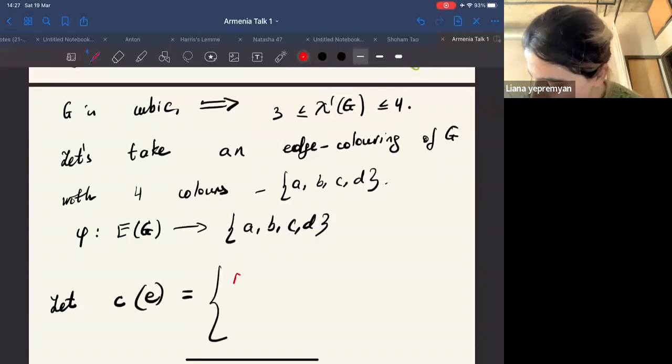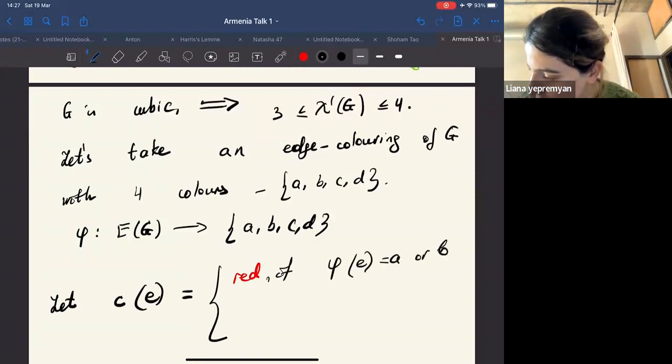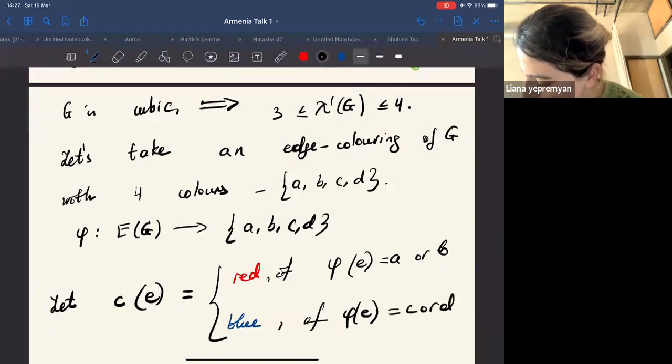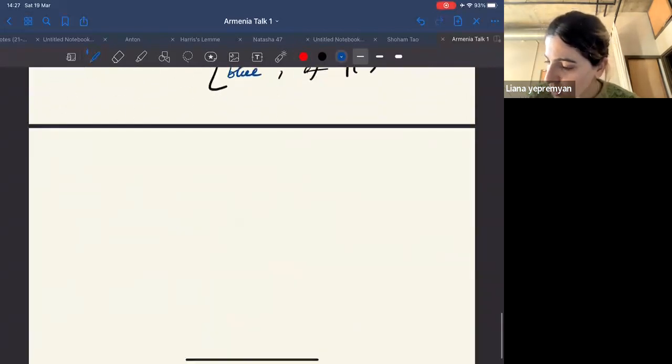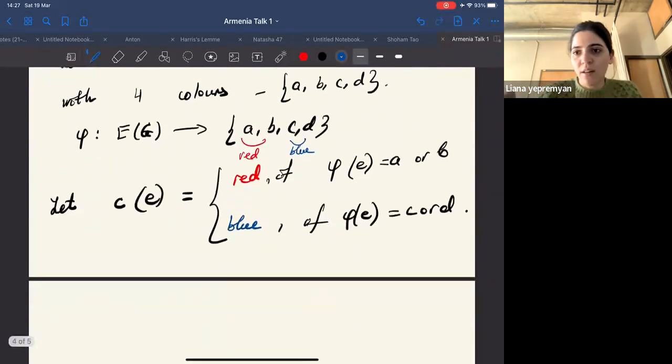I color it red if the color of the edge is either A or B. And I color it blue if the color of E is C or D. So it's like I'm interpreting these two as red, and I'm interpreting these two as blue. So what you can notice already after this coloring, so now our graph is colored red and blue.